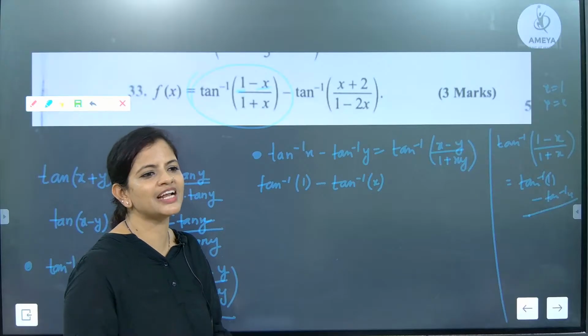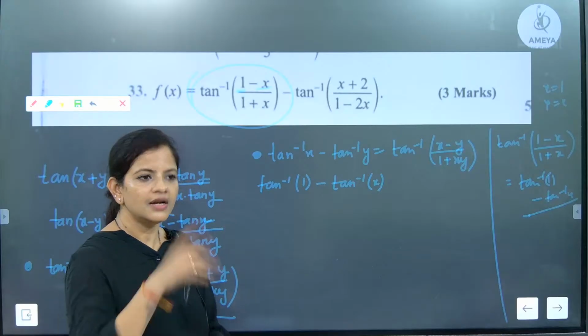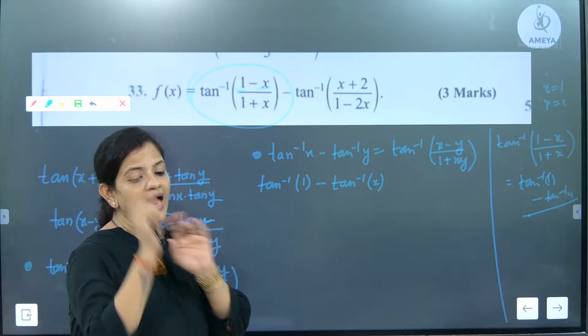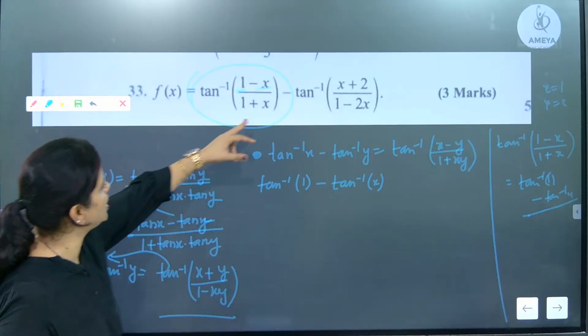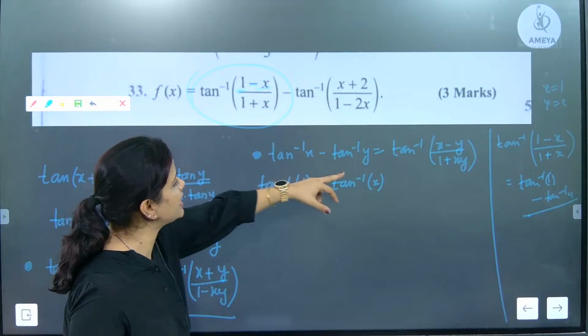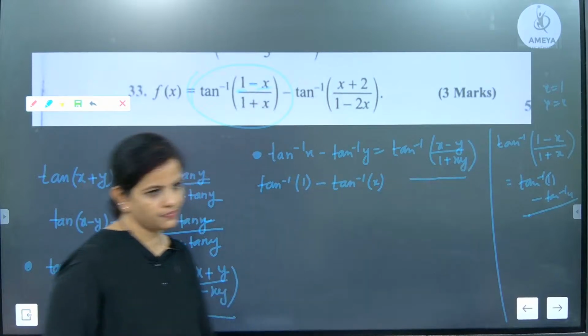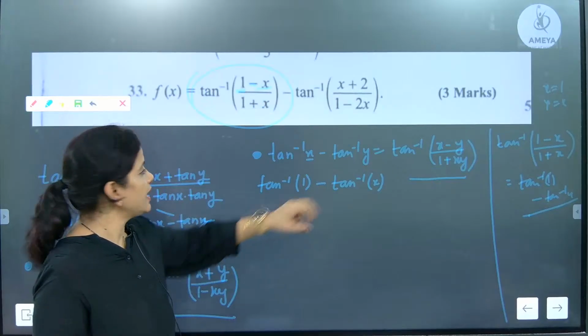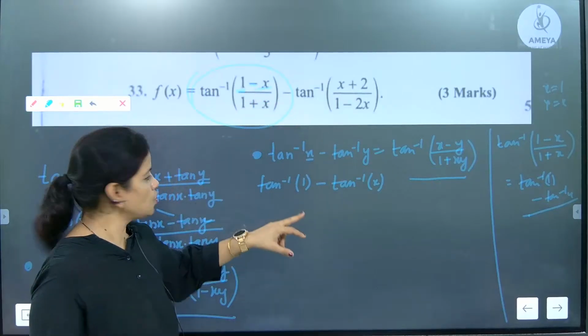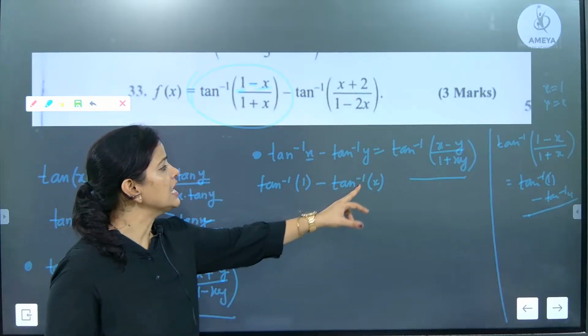Or tan⁻¹x + tan⁻¹y, and tan⁻¹x - tan⁻¹y. So here, direct formula. This minus is indicating to use this formula. Understood? So here tan⁻¹x, instead of x what will be there? 1. Instead of y what is there? x. So what I wrote is tan⁻¹1 - tan⁻¹x.